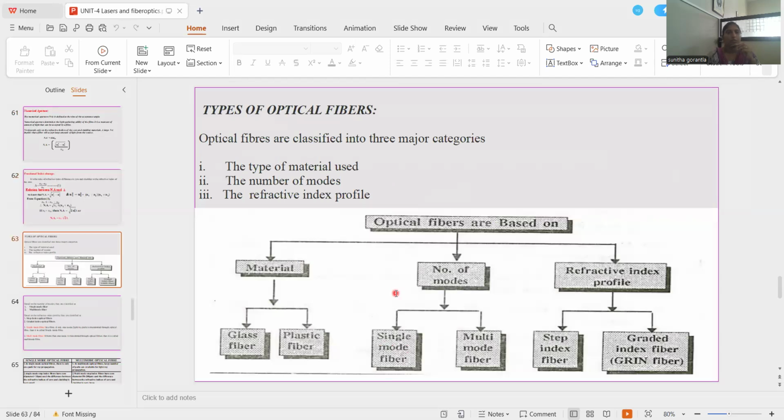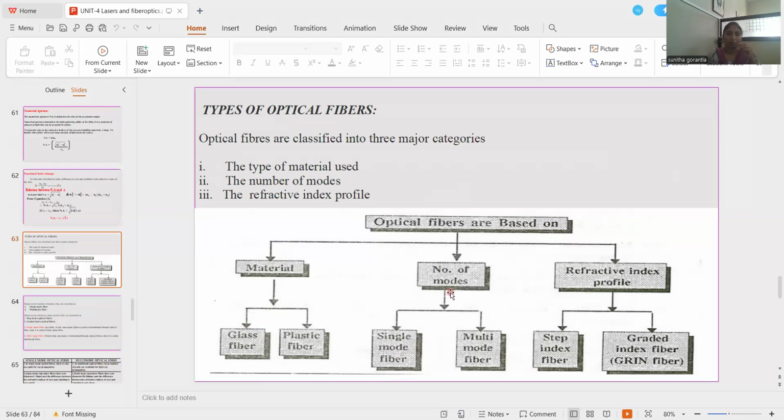So now today's topic is types of optical fibers. Here the optical fibers are classified into three major categories: based on the material, based on the number of modes of propagation, and based on the refractive index profile. First, based on the material, optical fibers are classified into two types, glass fiber and plastic fiber.